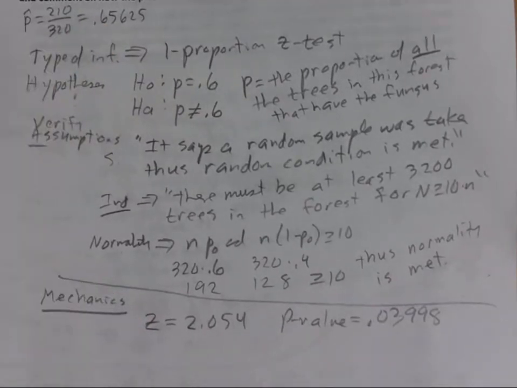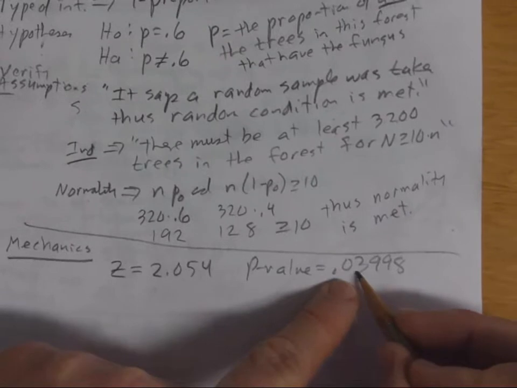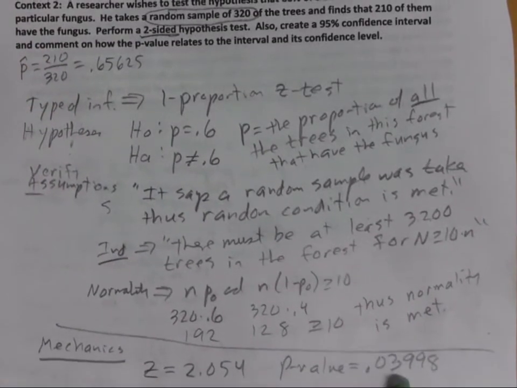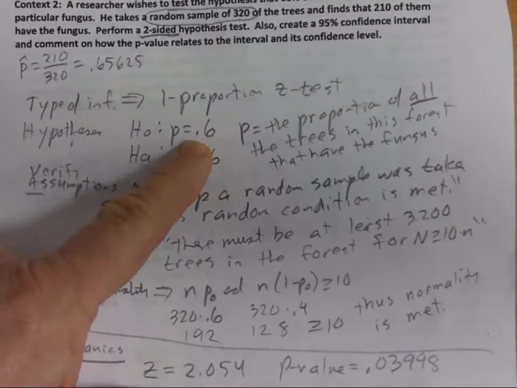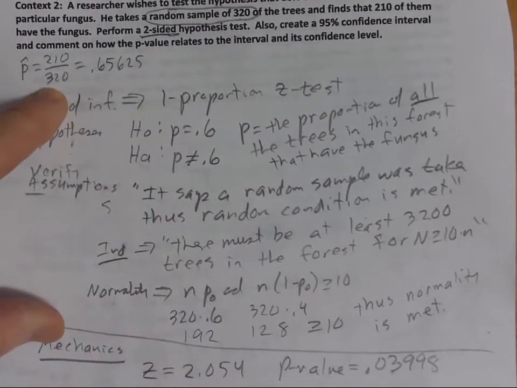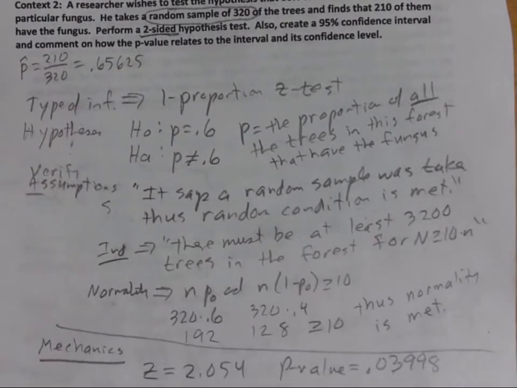Now the p-value. P stands for probability, as we've been talking about. It is the probability that, assuming the null is true, assuming that actually 60% of the trees in the forest have the fungus, you would randomly select 320 trees and get 210 or more with the fungus.